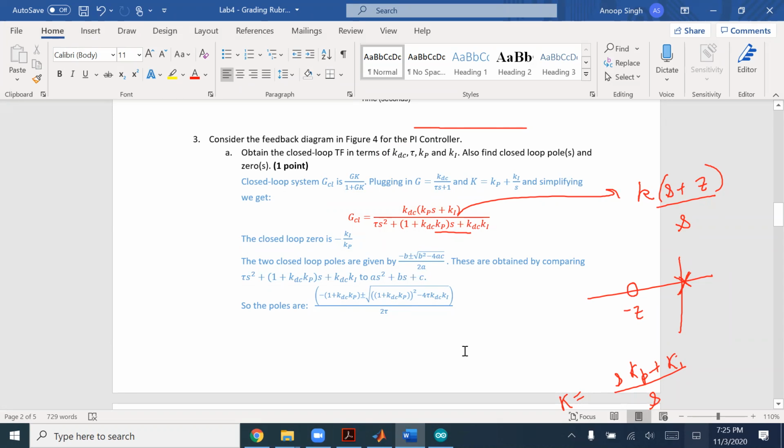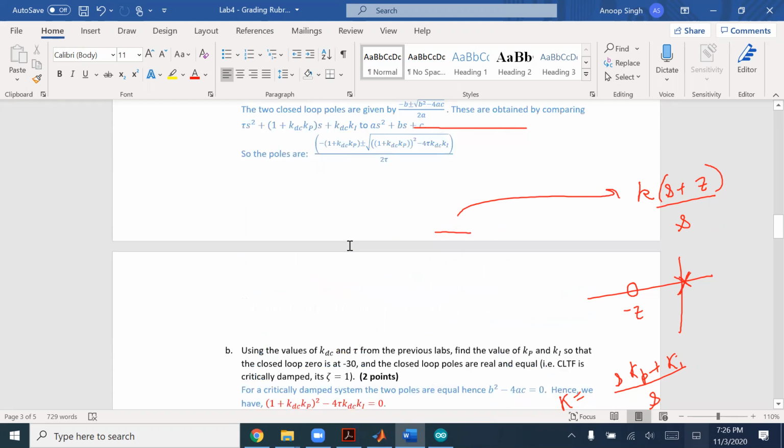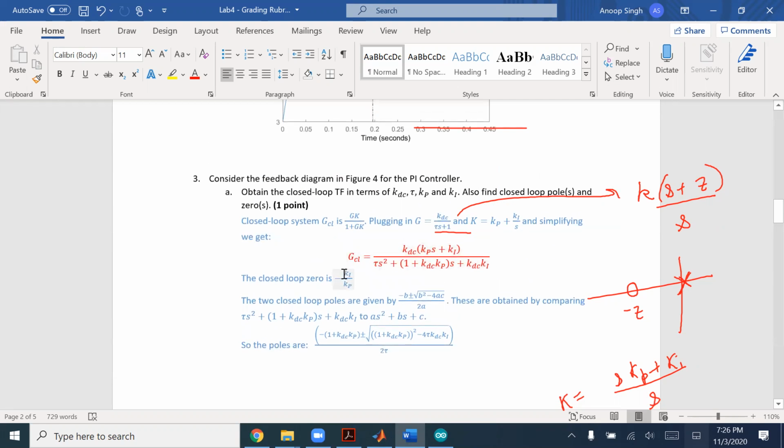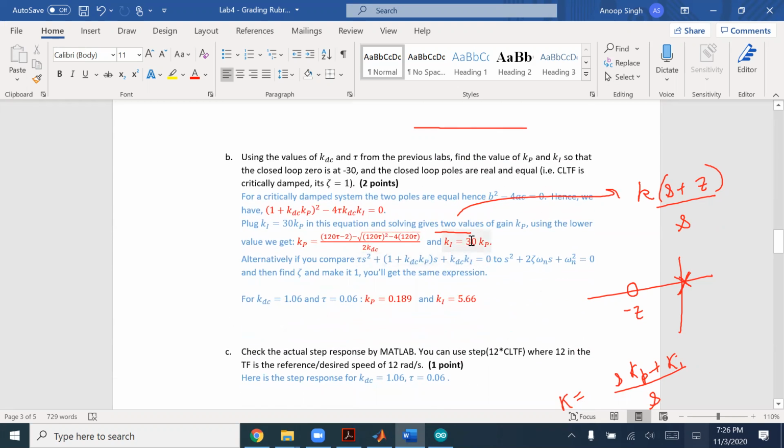If you want the poles to be equal, that means the b squared minus 4ac term should be 0, so that both poles would be just minus b over 2a. So this discriminant should be equal to 0. Take this equation along with the fact that KI over KP is 30, because of where we want the zero of the system.